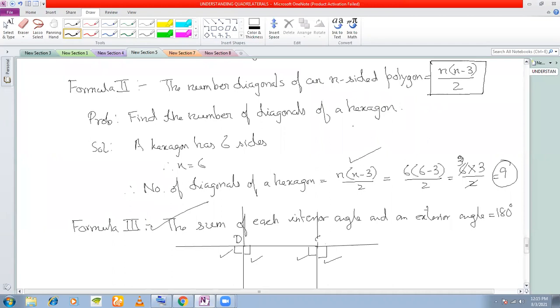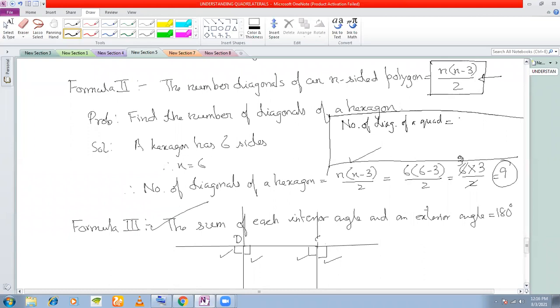So if I want to find out the number of diagonals of, let's say, a quadrilateral, how many sides does a quadrilateral have? 4 sides.